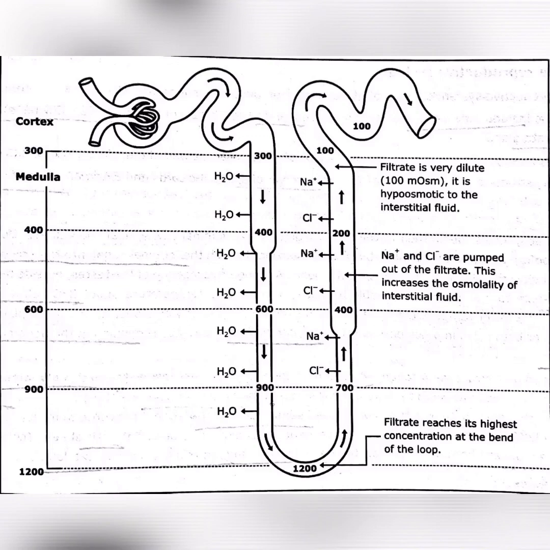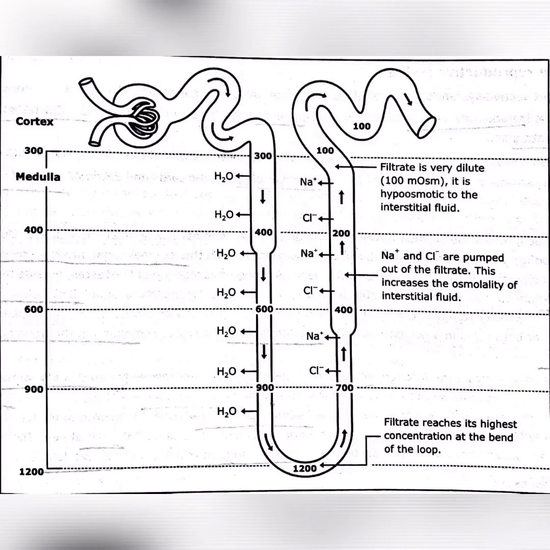The first point we have to know in urine formation is glomerular filtration. Filtration occurs when the glomerular hydrostatic pressure is about 55 mmHg, the blood colloid osmotic pressure which opposes the filtration is about 30 mmHg, and the capsular hydrostatic pressure is 15 mmHg.